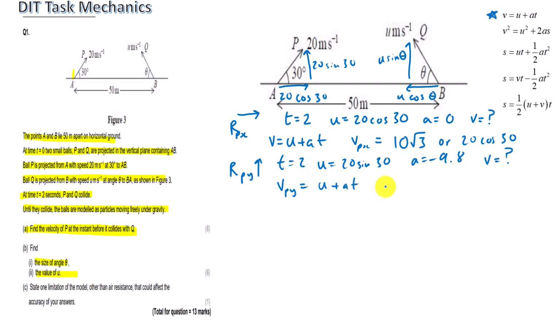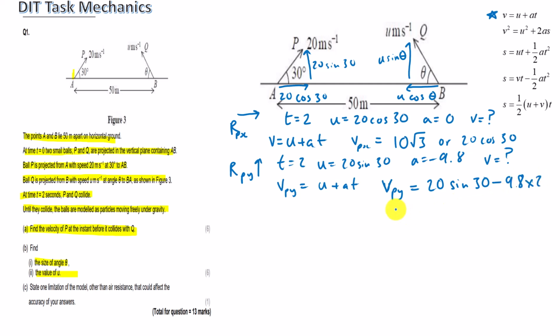Let's work that out. So in the PY direction, make that clearly look like a V. So that's sine 30 is a half, but I'm going to write this all out. It is plus AT, so that's going to make it minus 9.8 times 2.